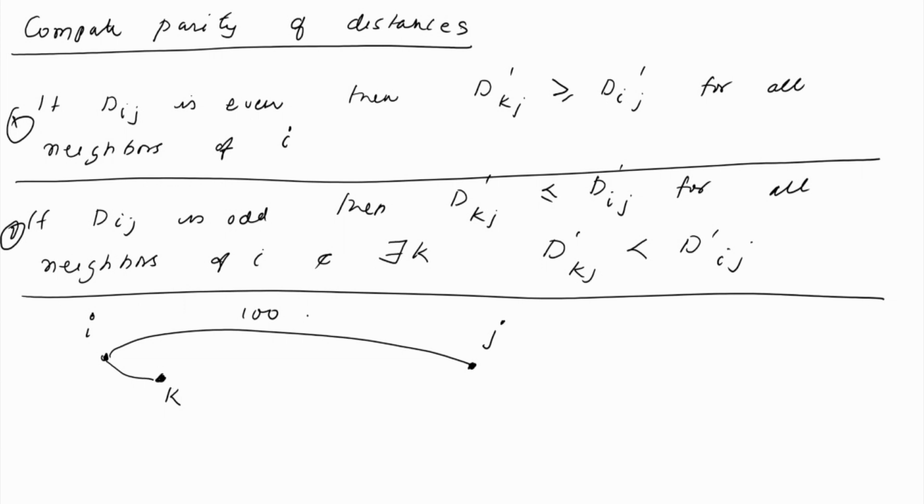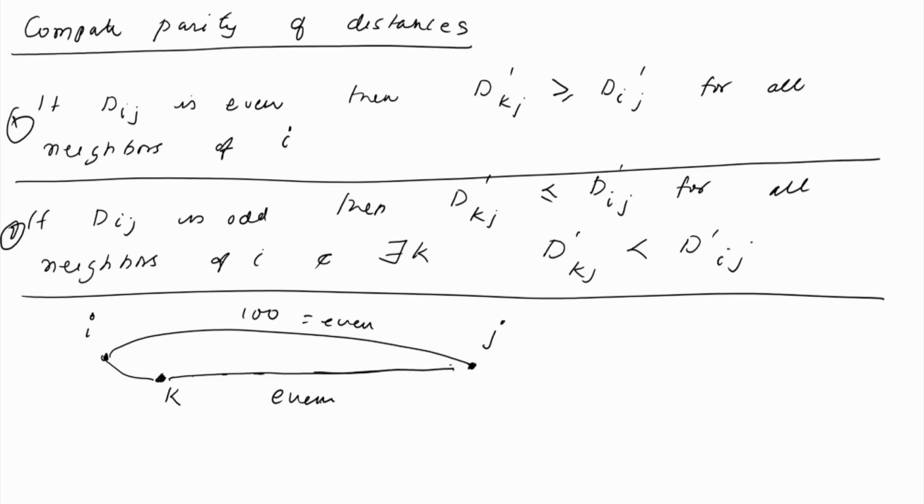Here i to j is even, and if k to j passes through i, the k to j path cannot be of even length, because if it were, then the i to j shortest path would be of odd length, which contradicts our assumption that it was even. Suppose the k to j shortest path was of some even length.